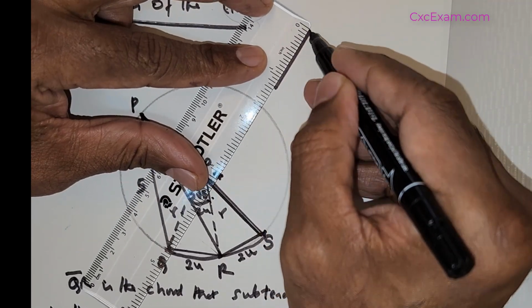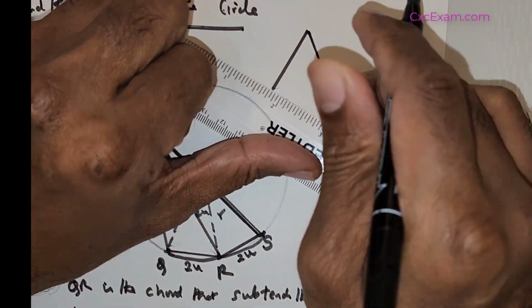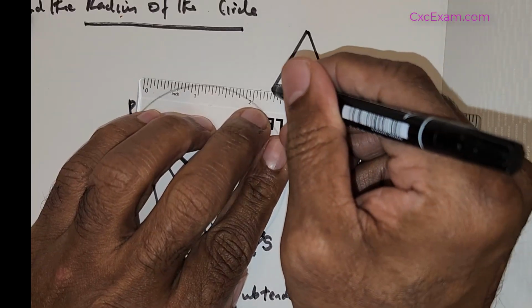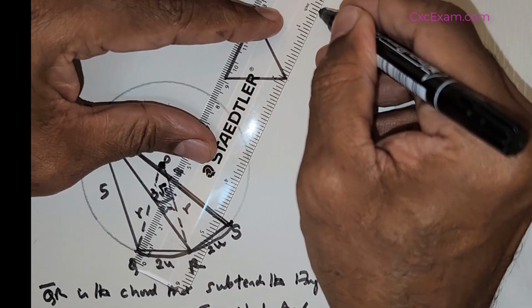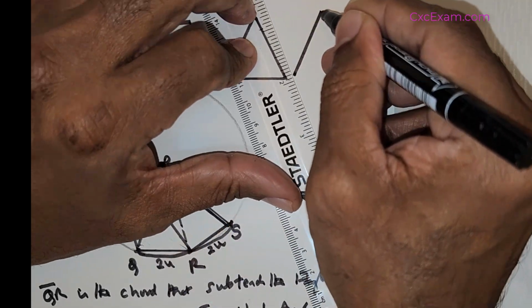So if I were to draw the triangle, this is a triangle and I've got another triangle.